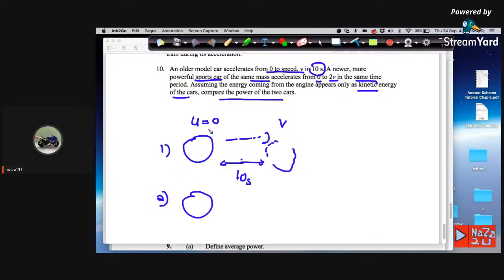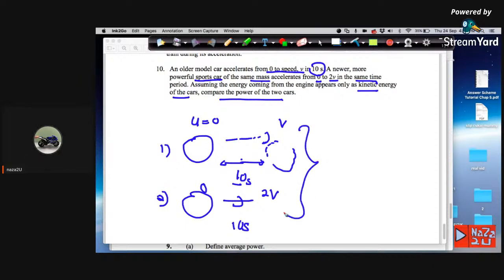The first situation is u equal to 0 initially, but in 10 seconds the speed is v. In the second situation, at the same time of 10 seconds, the object goes from 0 to 2v. Which means double, if we look at the comparison between the first and second situation.